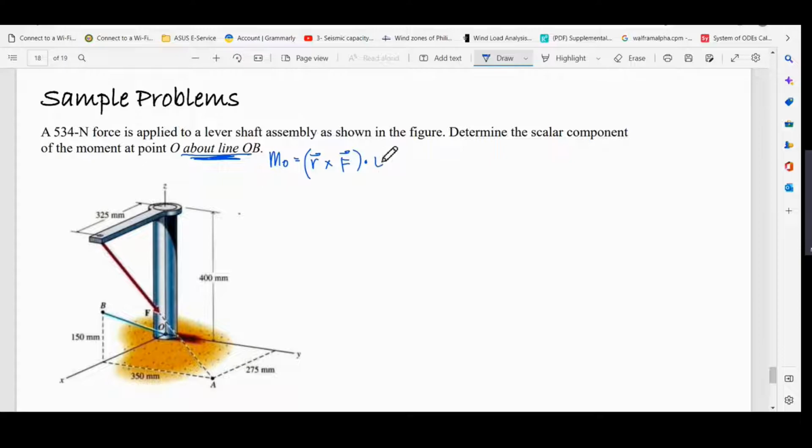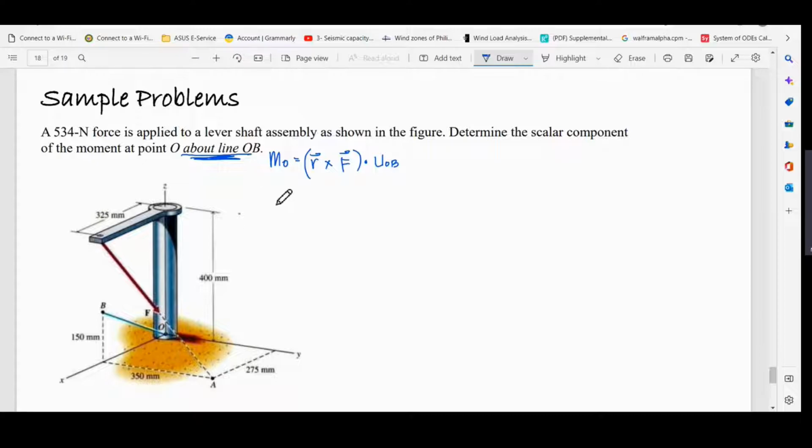Yung line of axis natin is OB. So, that will be our working equation. Okay? Scalar, kaya ganito yung ating symbol for the moment. Ang lalabas na dito ng sagot is the magnitude itself. Okay? Magnitude na yung lalabas dito. Hindi na siya naka-IJK.